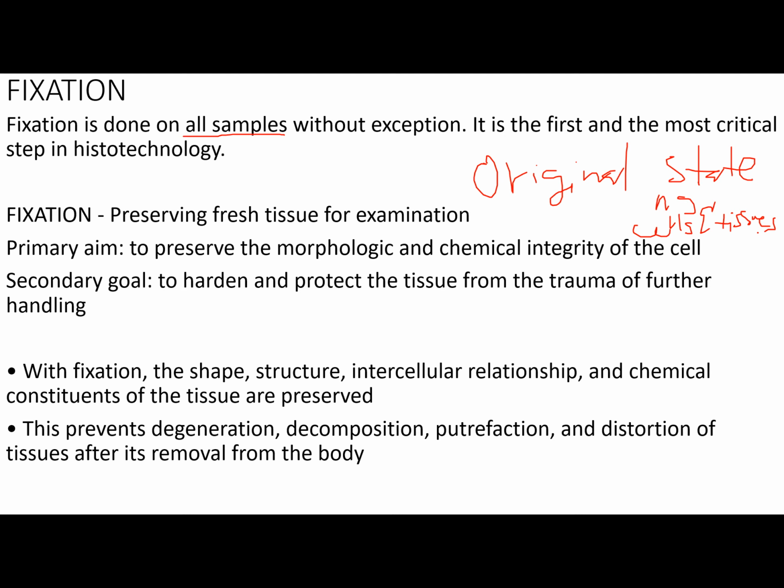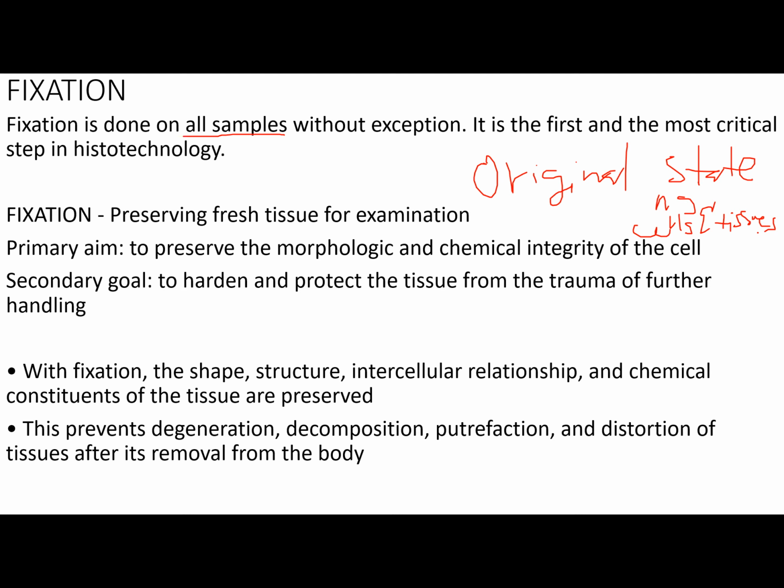Then the secondary goal of fixation, class, is to harden and protect the tissue from the trauma of further handling. So as a medical technologist, class, you will be handling the tissue sample, you will be staining it, you will be exposing it to different chemicals from your decalcification, clearing, and so on.